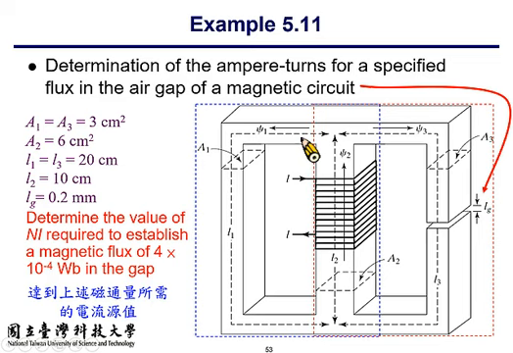Well, you don't have to specify N, or if you specify the number of N, we shall know the magnitude of the current I. Because of the requirement, we want to know the value of Ni to establish a magnetic flux of 4 times 10 to the minus 4 Wb in the gap area.